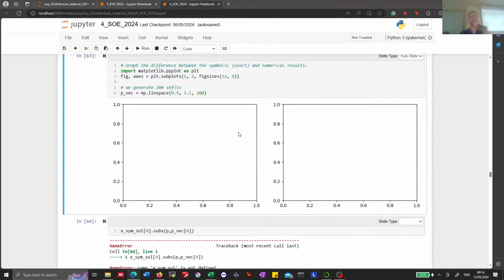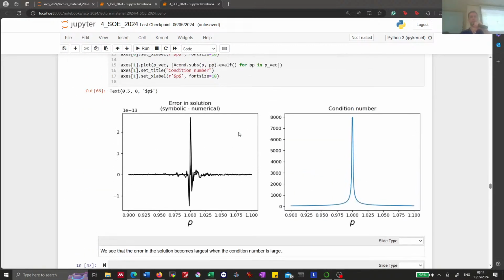As an example, we looked into a comparison between the symbolic exact solution and the numerical solution that we plotted over a parameter p, which scans through different values of the condition number. So here in the plot to the left, we plot p over the error in our solution, right?